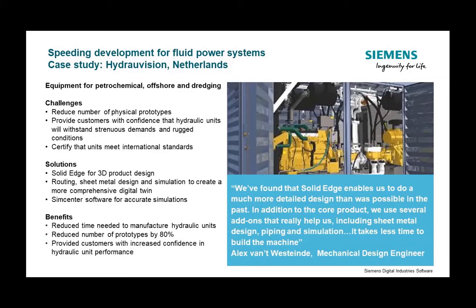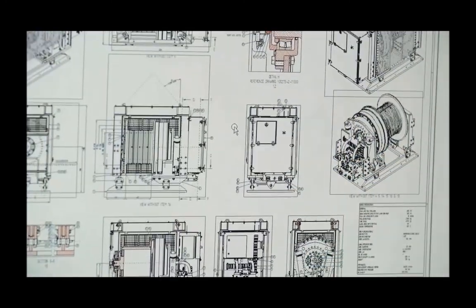This means that they do not have the time to create physical prototypes. Instead, they design and simulate custom equipment using a digital twin created using Solid Edge. This enables them to optimize their products in the virtual world, ensuring they meet their customers' expectations for the performance and reliability of the hydraulic winches they manufacture.